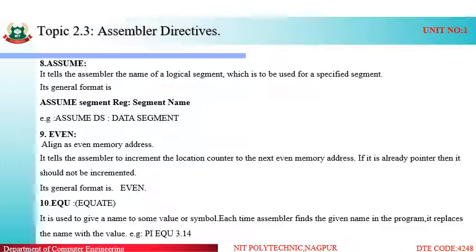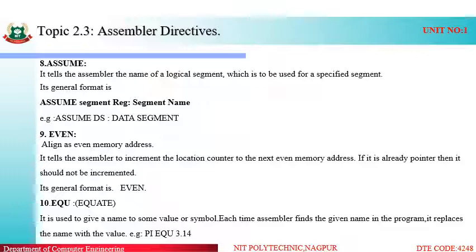Next is ASSUME. It tells the assembler the name of the logical segment which is used for a specified segment. Here, ASSUME is an assembler directive in which we assume a segment with a particular name. Assume DS as data segment.